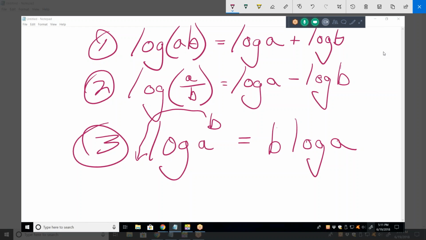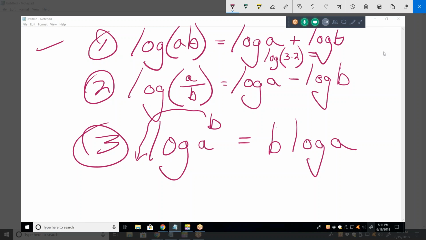Let me give you an example. I'm going to write real little here because I don't have a lot of room. What's that equal to? That will be 3 log A. You're only applying this rule right there. I've got the log of 2 things being multiplied. Yeah, 3 and 2. Okay.